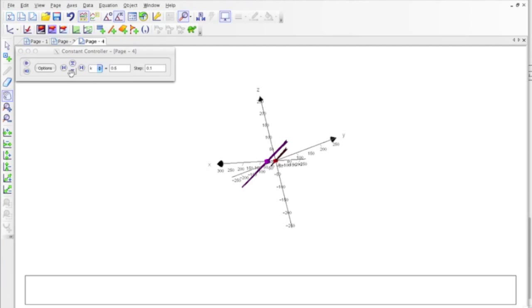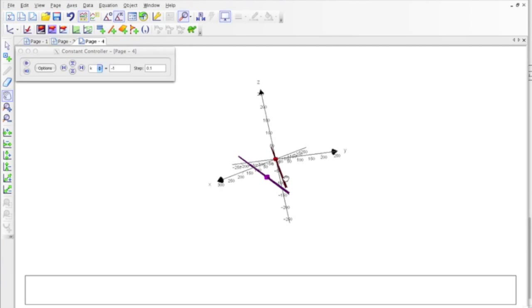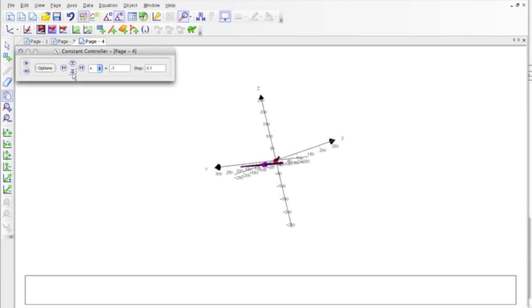If I make that less and less, 0.4, you can see the tunnels are getting pretty close to each other until they actually intersect each other. Now if I change k, so it's now negative 1, you can see now that there's also a bit of distance between the two tunnels at that exact point where they cross over each other.